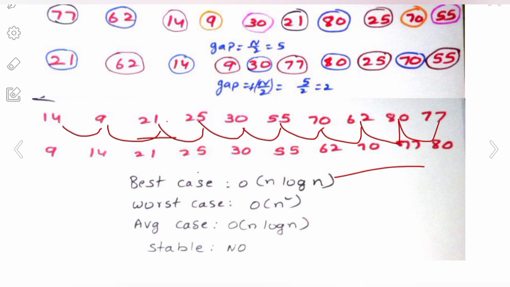If we consider Shell's original sequence, the gap is n by 2, n by 4, n by 8, and so on. If you consider Knuth's increment, the order will be 1, 4, 13, and so on. That means we select the gaps in the order of (3 power k minus 1) by 2.